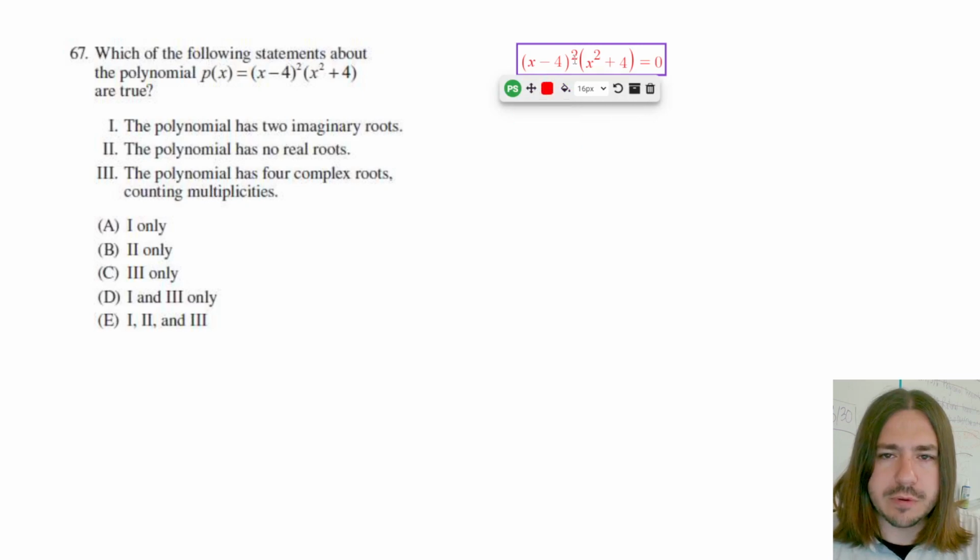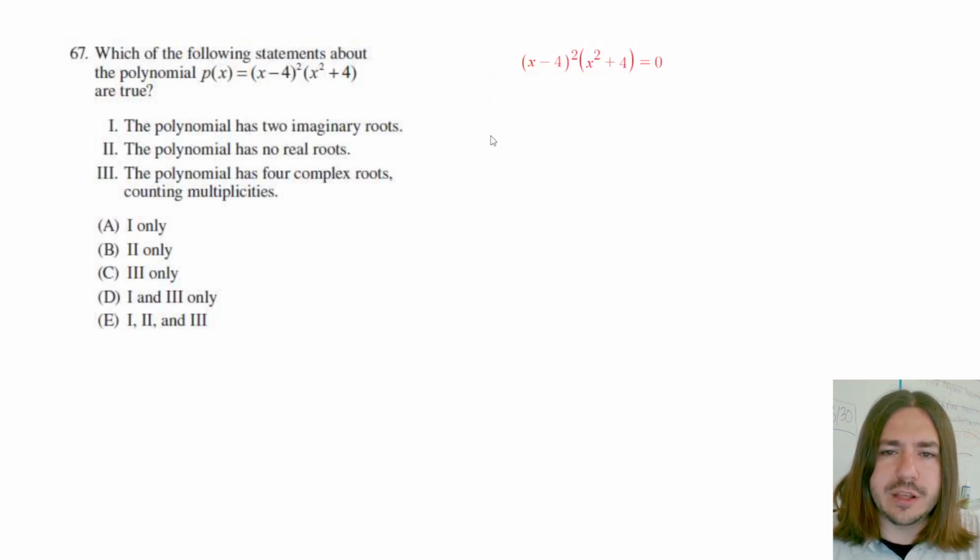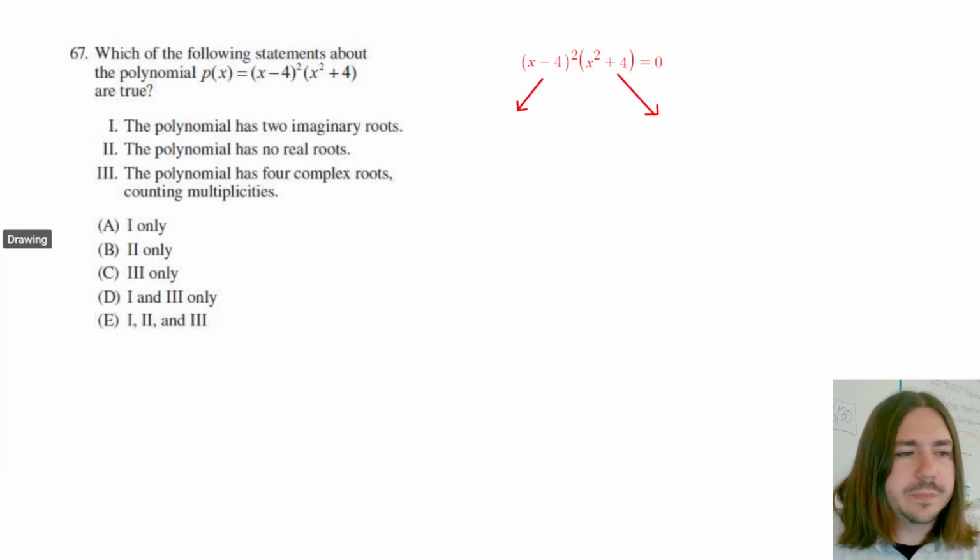The zero product property says that if you have a product that equals 0, then at least one of the factors must equal 0. So what I can do is split each of these factors up, set them each equal to 0, and solve them independently. And the x values I'm going to get are going to be the roots.